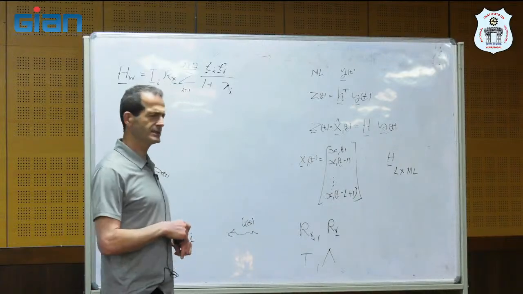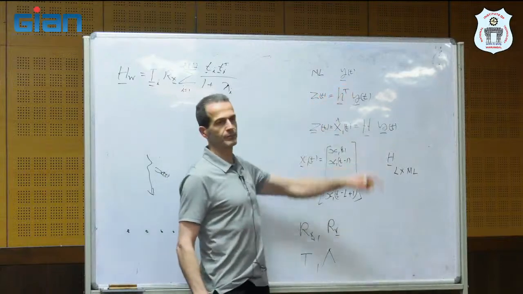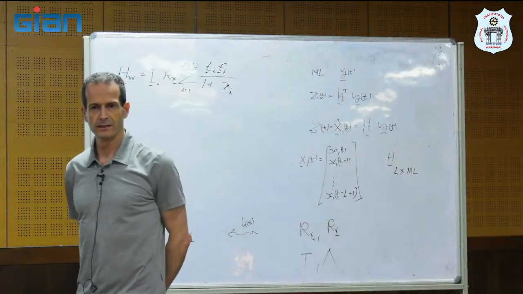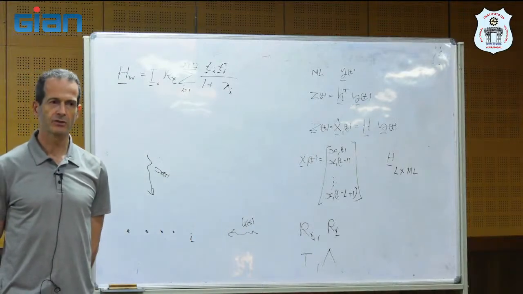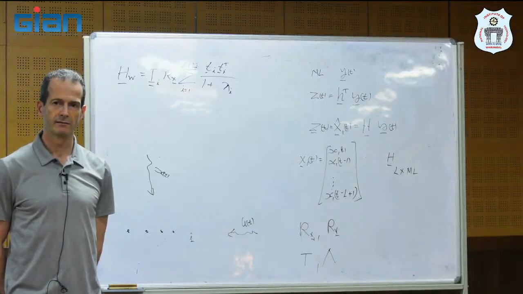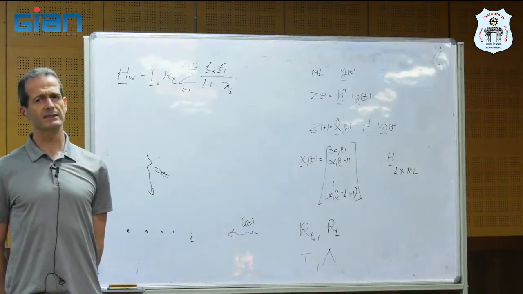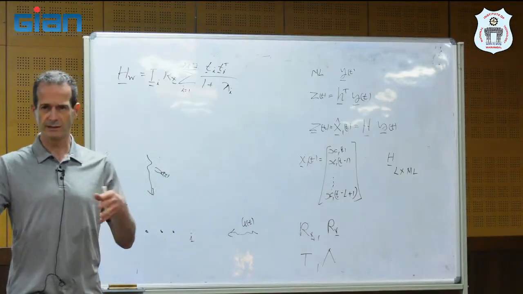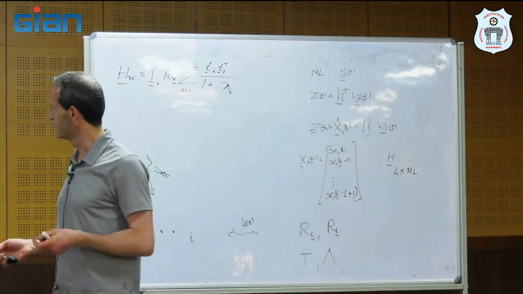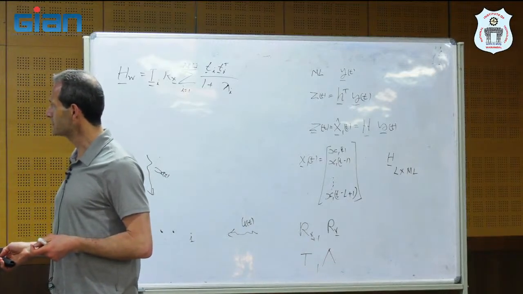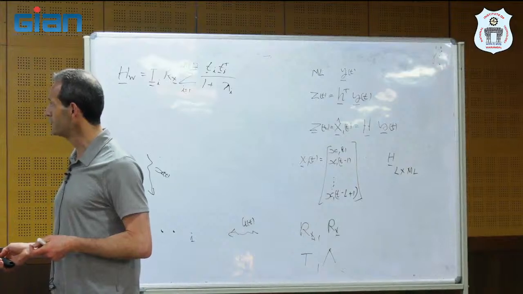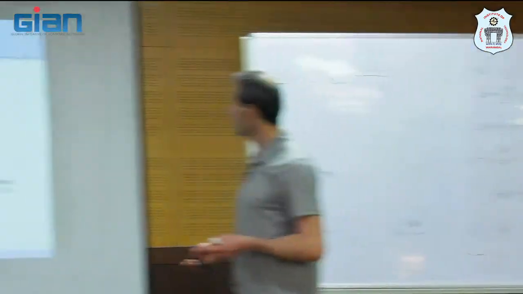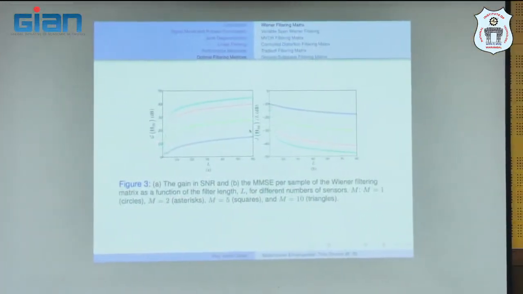Okay? So suppose that the size of this vector is 20, but I don't tell you what M and L are. So the complexity of working with something like that is the same: the size, length, the matrices, and so on. Okay. So I can choose 20 samples, L equals 20, and one sensor. The gain in SNR will be something like that, less than 10 dB.